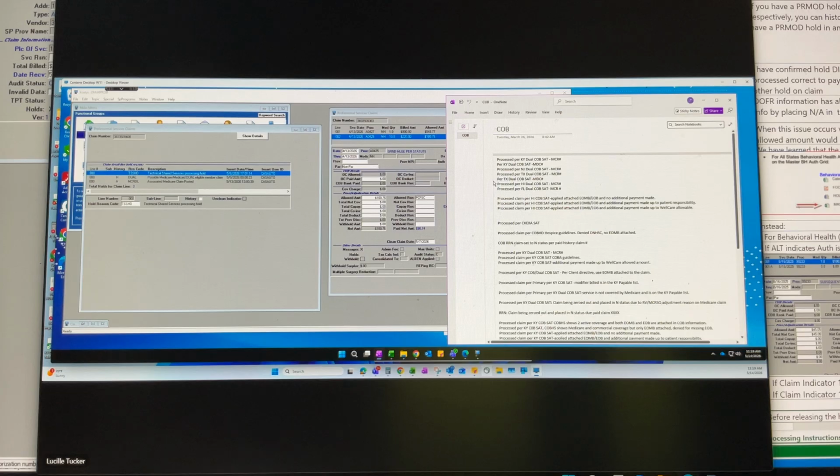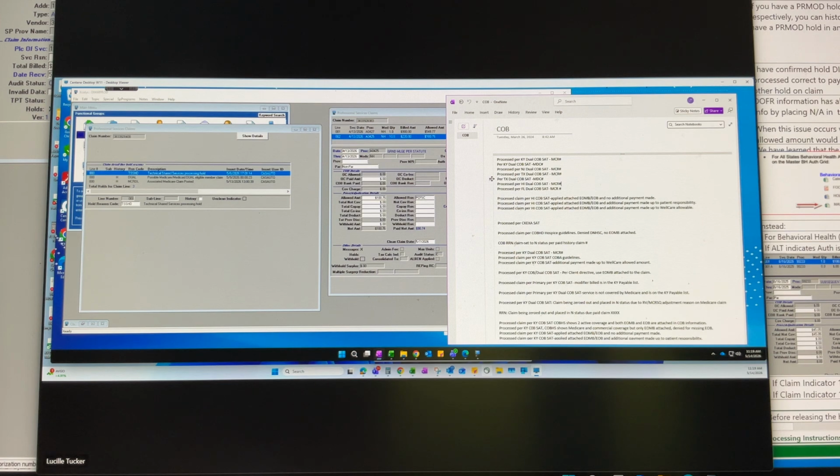So that's why it doesn't say process per, because I'm not processing it. I'm just updating the note because the SAT told me to. So that's why the language is a little bit different. The first note is for the actual claim that we're working. The second note is on the claim that we're just looking at, and we just have to add a note. Gotcha.